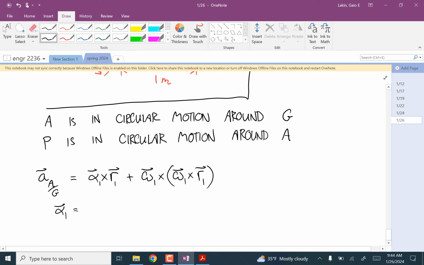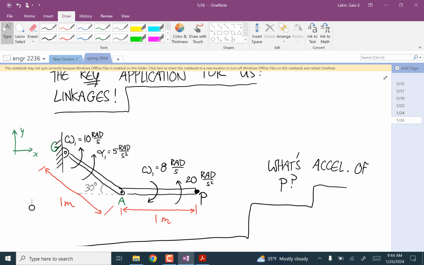Alpha 1, we have to use the right-hand rule to think about the sign of this component. Put your hand in the direction of alpha 1, your thumb's coming out. The z-axis, if x is this way and y is this way, would have to be out because of the right-hand rule. Anyone have any questions about that?